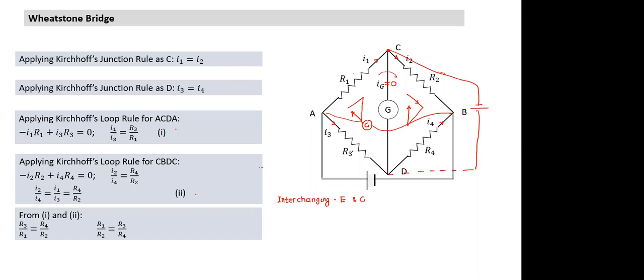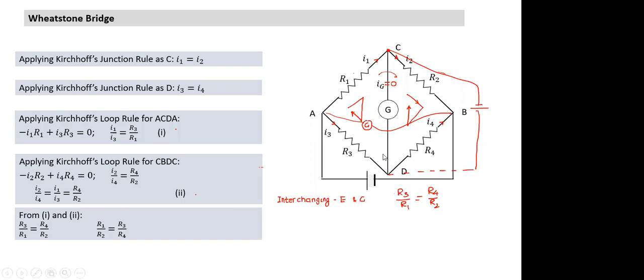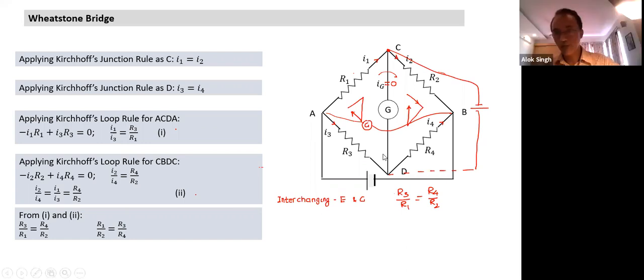What is the condition required now? R3 by R1 has to be equal to R4 by R2. Is it the same? Yes, it's satisfied. So basically, if it is balanced across one pair of points, it is also balanced after interchanging. If it was balanced initially, and we interchange the position of battery and galvanometer, it still remains balanced, because current is not flowing.